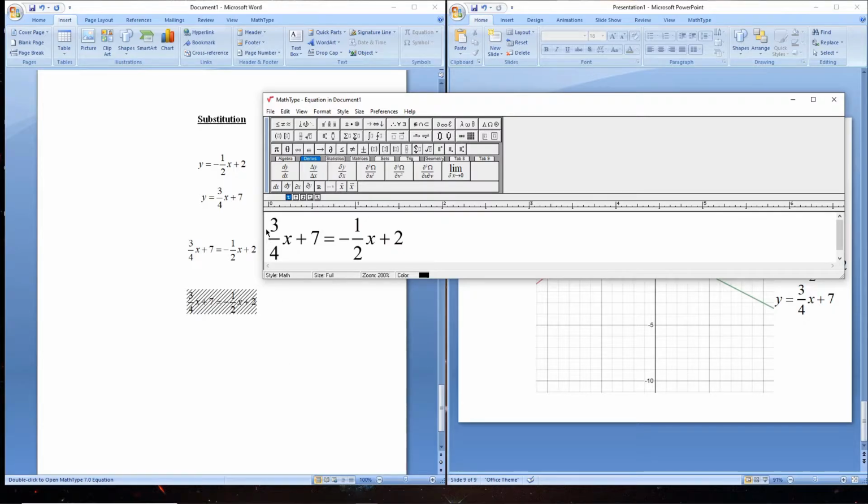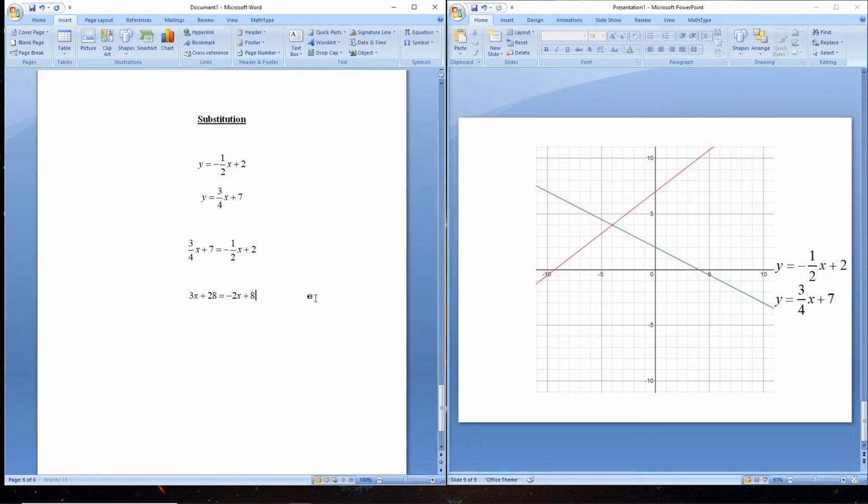So for instance, 3/4 times 4 is 3. 7 times 4 is 28. Minus 1/2 times 4 is 2. And 2 times 4 is 8. And so here's our simpler equation to solve by getting rid of the fractions.